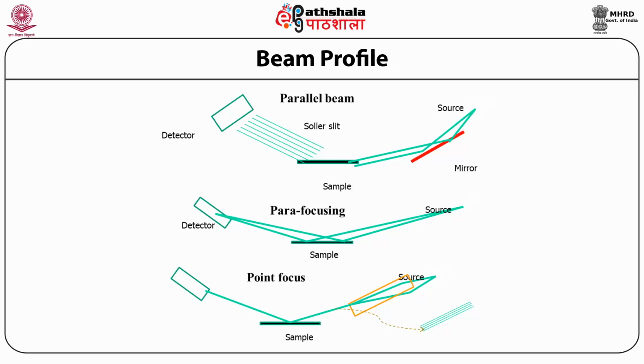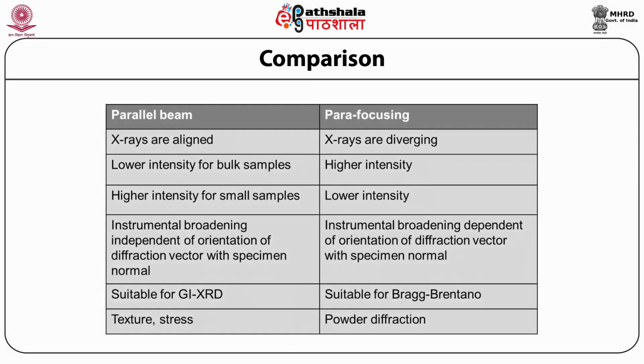A collimator can be as simple as a long metal tube or more complex, such as polycapillary collimating optics that are used in micro X-ray diffraction, that is mu-XRD, which is just like standard X-ray diffraction but specialized for very small samples. This presents a comparison between parallel beam and focusing beam.